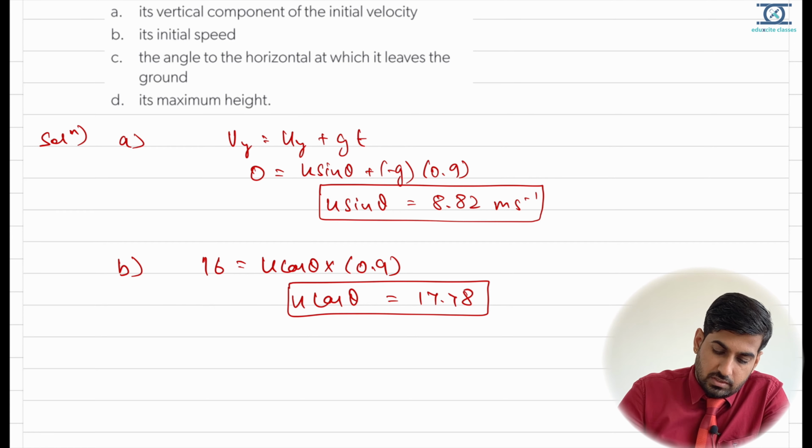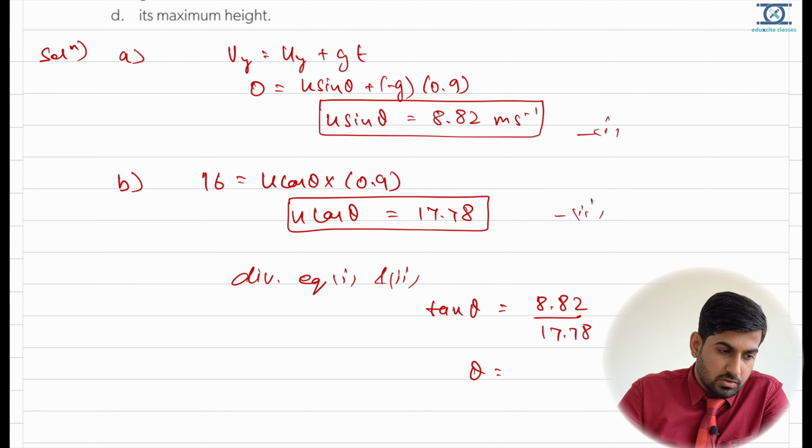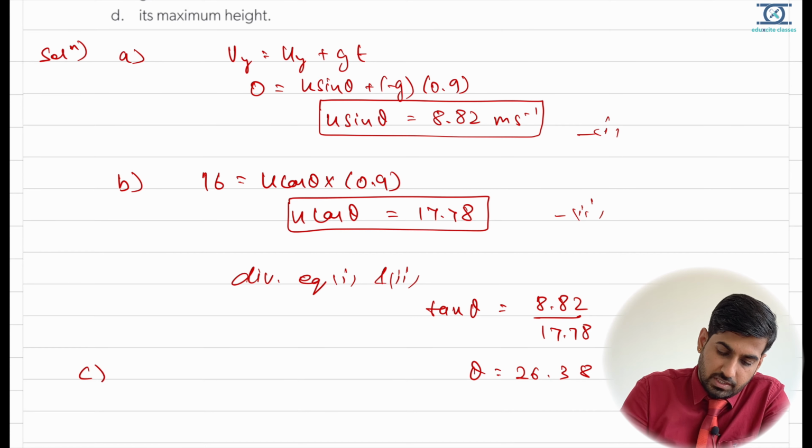I can find out the theta. So dividing equation 1 by equation 2, you get tan theta. So tan theta you will get 8.82 over 17.78. So theta you will get something around 26.38, or you can say 26 degrees, right? So this is the answer for the C part, by the way.